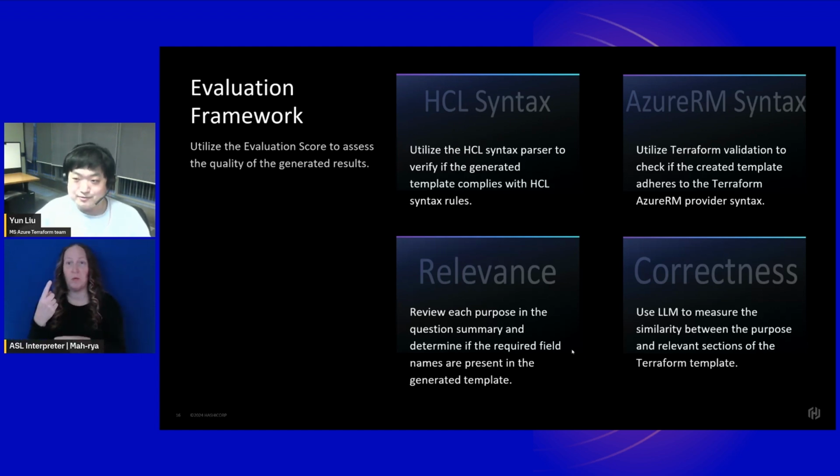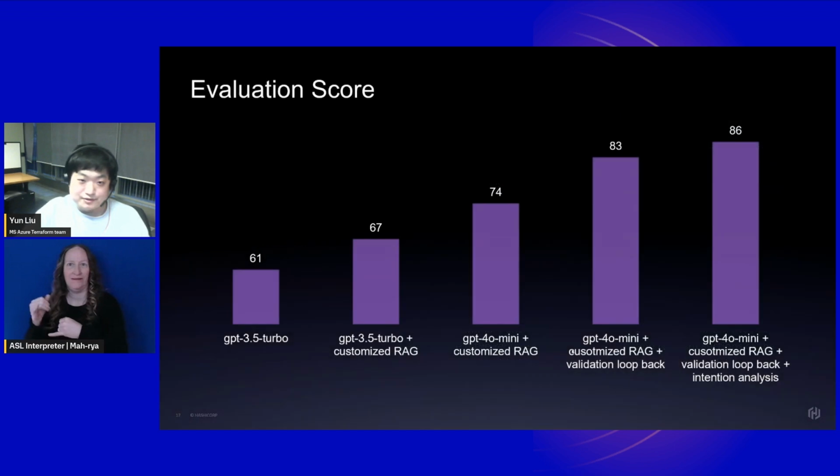So I can show you the approaches we took before to enhance speed and quality, and how these approaches affect the final evaluation score. You can see that if we use GPT 3.5 Turbo natively, it will just have an evaluation score of 61.